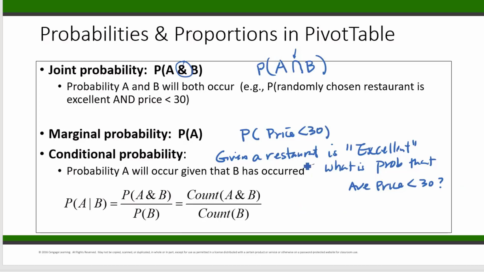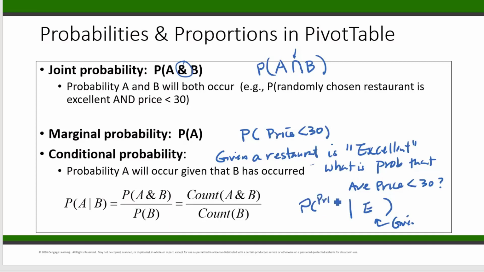How would I write it in terms of probability notation? It is something like this. So I have this bar between two places here. What is given goes here. So the given part, that is the excellent part, goes here on the right side. And the question I'm asking, the unknown part, goes on the left-hand side.